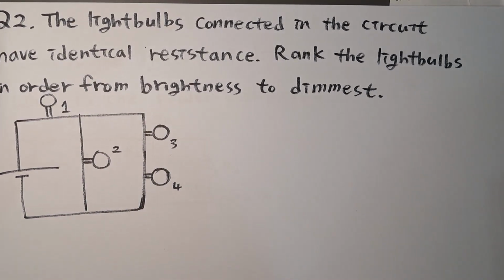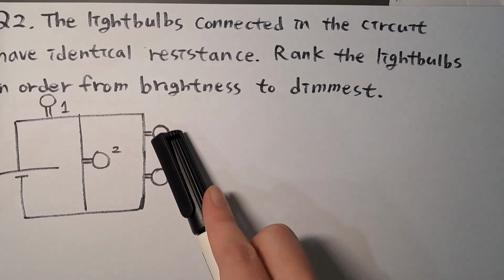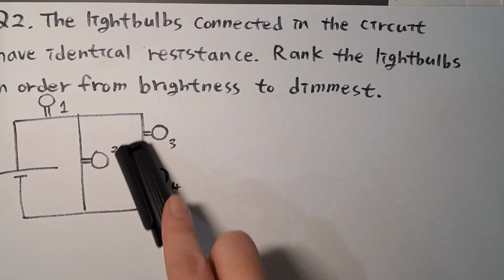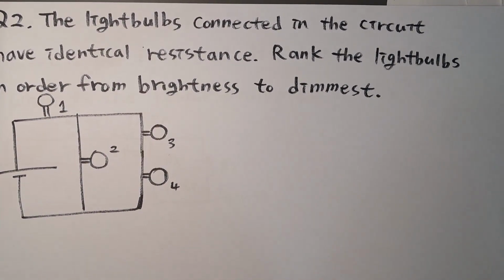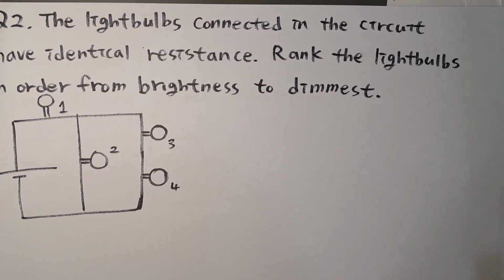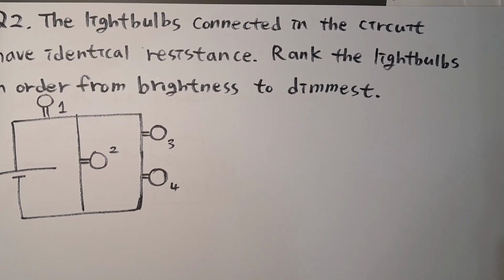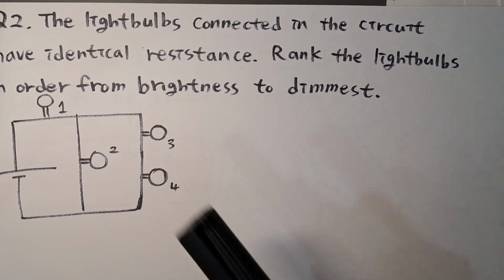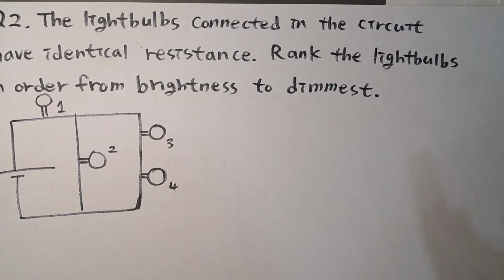However, the exact same amount of current will pass through both bulb 3 and 4 because they are in series and receive the same current. As a result, bulbs 3 and 4 will have the same brightness.